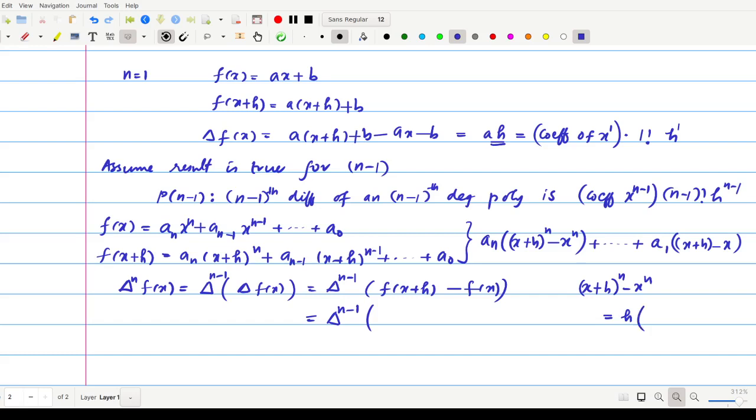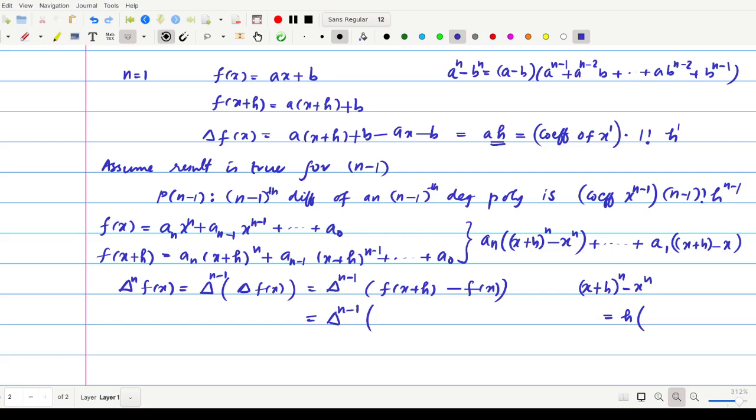We can refer to the identity a raised to n minus b raised to n in general, which is equal to a minus b times a raised to n minus 1 plus a raised to n minus 2 times b plus etcetera, plus a times b raised to n minus 2 plus b raised to n minus 1. So this is the formula for a raised to n minus b raised to n. We use this formula here.